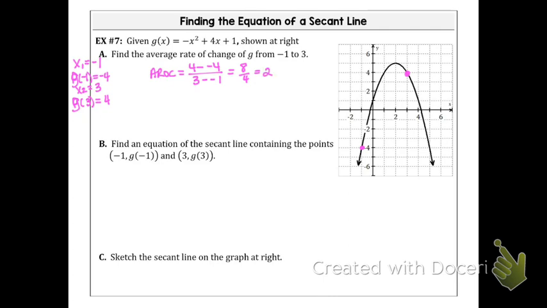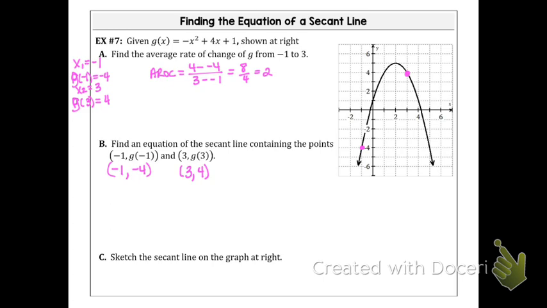Okay, B says find an equation of the secant line containing those 2 points. So we already know that this is going to be negative 1, negative 4, and this one's going to be 3, 4. We are just looking for the equation of that secant line. It doesn't matter which point we pick; we can use either one of them.